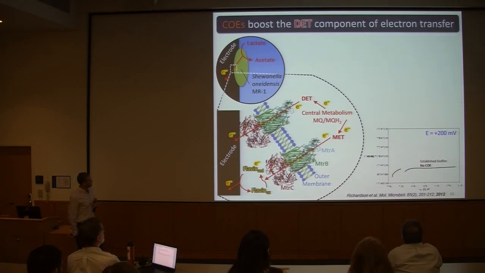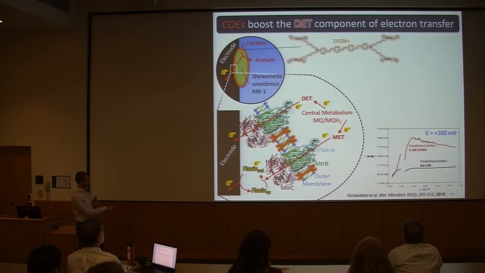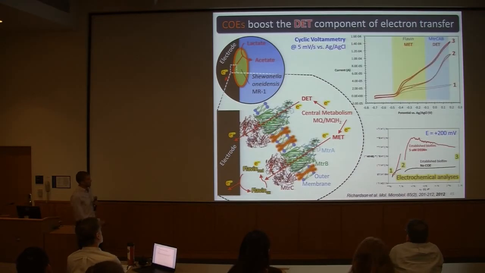And then if we go in and look at the trace where conjugated oligoelectrolytes have been added, so they're presumably sticking themselves in the membrane like this and somehow interacting with these proteins. If we interrogate them electrochemically the same way, you can see that the flavin regime of the electron transfer is relatively unchanged, and the direct electron transfer has been boosted a great deal.